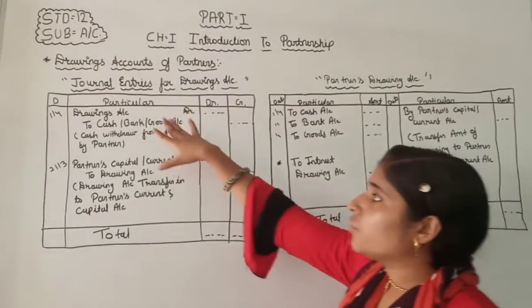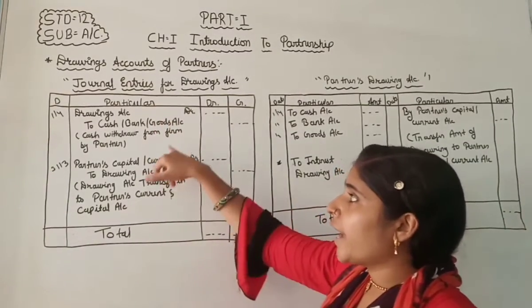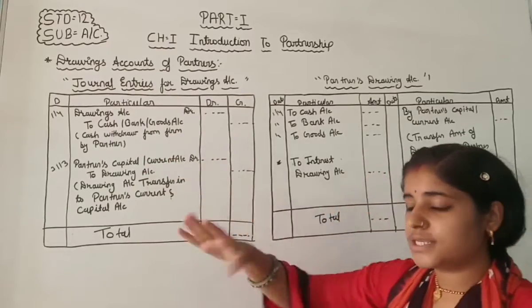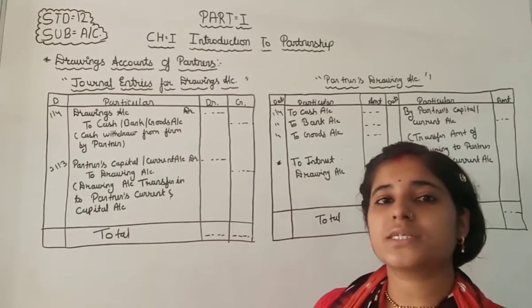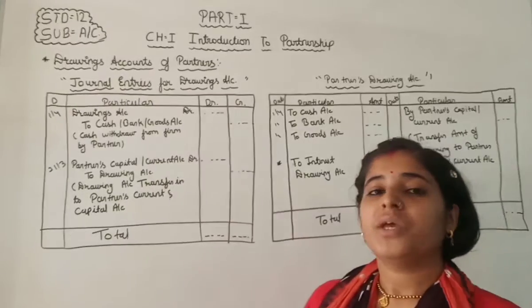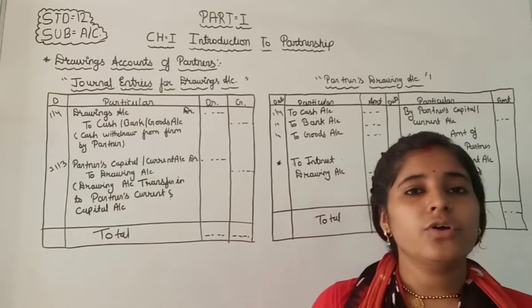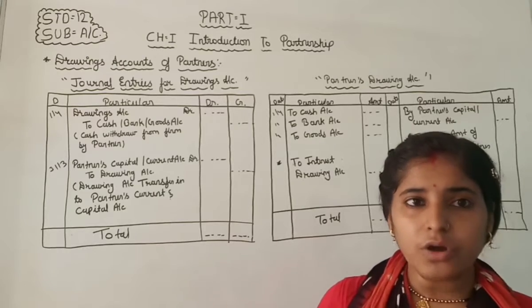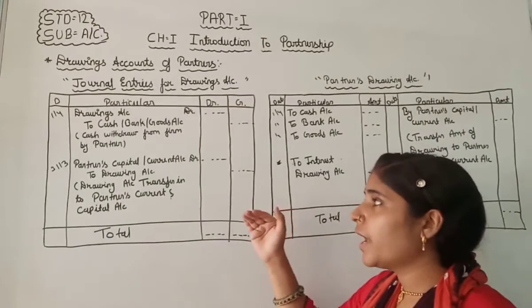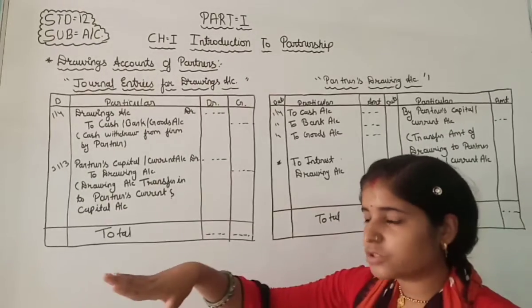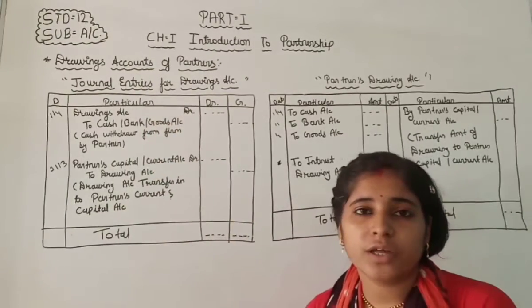So here the drawing account is debited, and cash, bank, goods, assets are going out of the business, so they are credited. On the debit side is what you get, and on the credit side is what you give. So cash, bank, goods, assets go out, and drawing is a loss for the business.